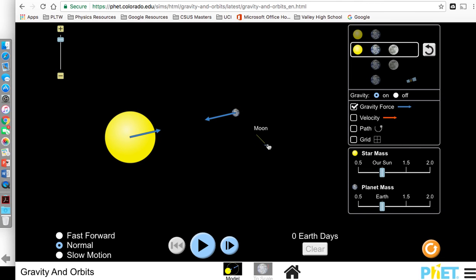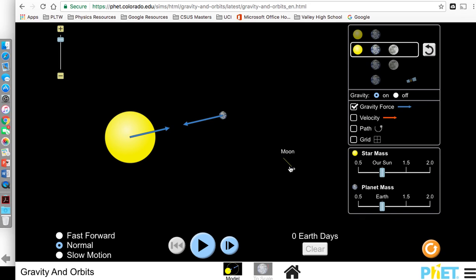So the moon is also in this figure. Let's take the moon out of the picture for just a moment. So if we take our Earth and we were to move it closer to our sun, we'll notice that even though the sun is much more massive than the Earth, both of these objects feel the force of gravity imparted on them from the other object. The same force, but opposite direction.